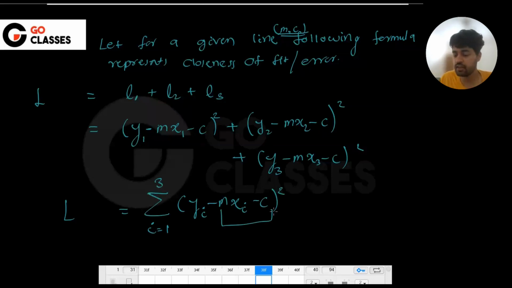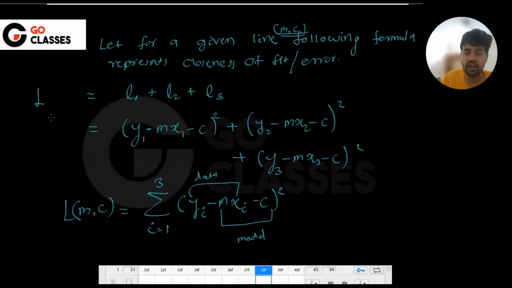Yi and xi are from data, so these are from the model and these are from data. I cannot change the data. Once you have the data, it's always going to stay with you. What I can change is the parameters of the model, m comma c. So this error is a function of parameters of the model, m comma c. Let me know if this is clear.